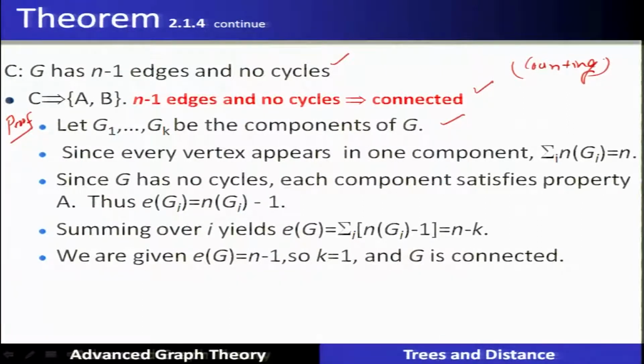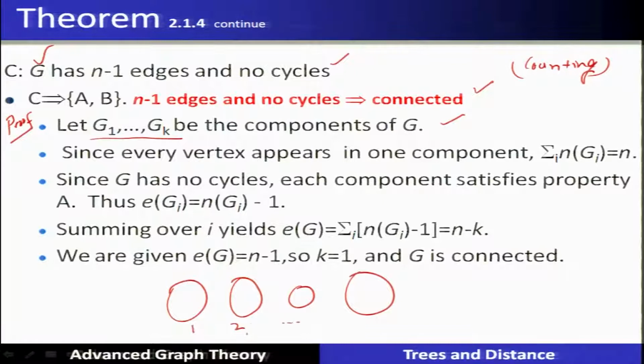So, let us see that the graph G which is given to us has k different components. Some are small, some are big. So, 1, 2 and so on up to k different components in graph G. These components we can write down as G1, G2 and so on up to Gk.